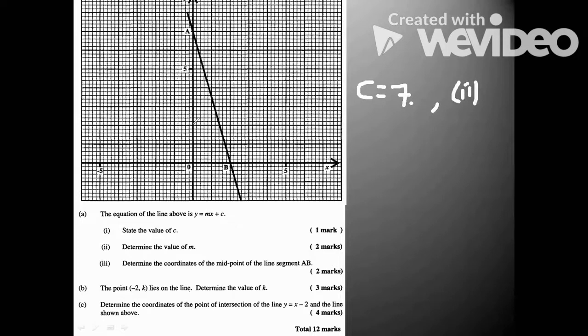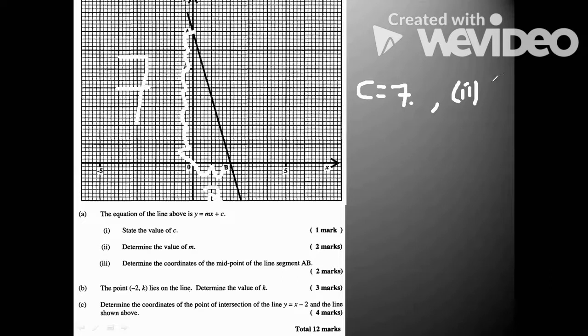Now, we have a right angle triangle right here, so we're going to use rise over run. The rise, so let's count it: 0, 1, 2, 3, 4, 5, 6, 7. So our rise is 7. And 0, 1, 2, our run is 2.